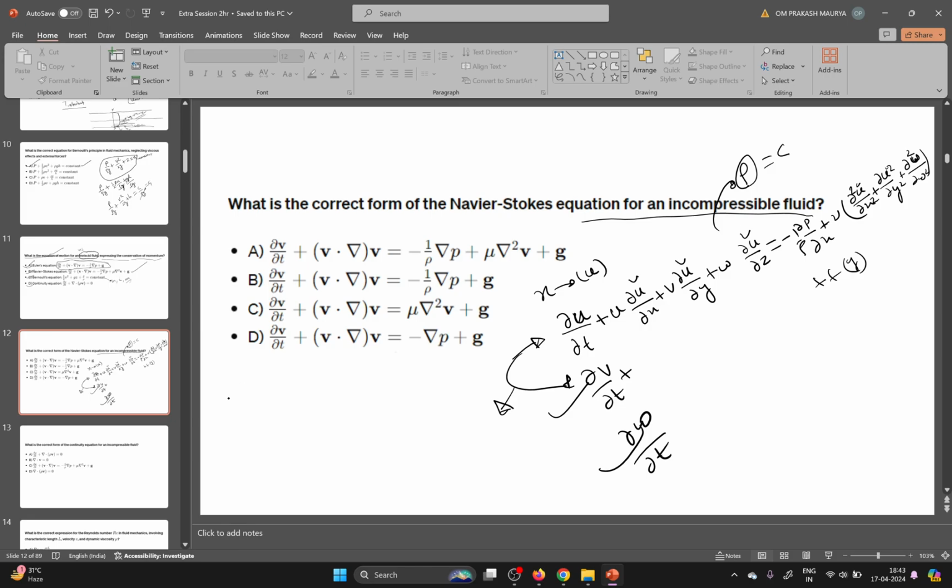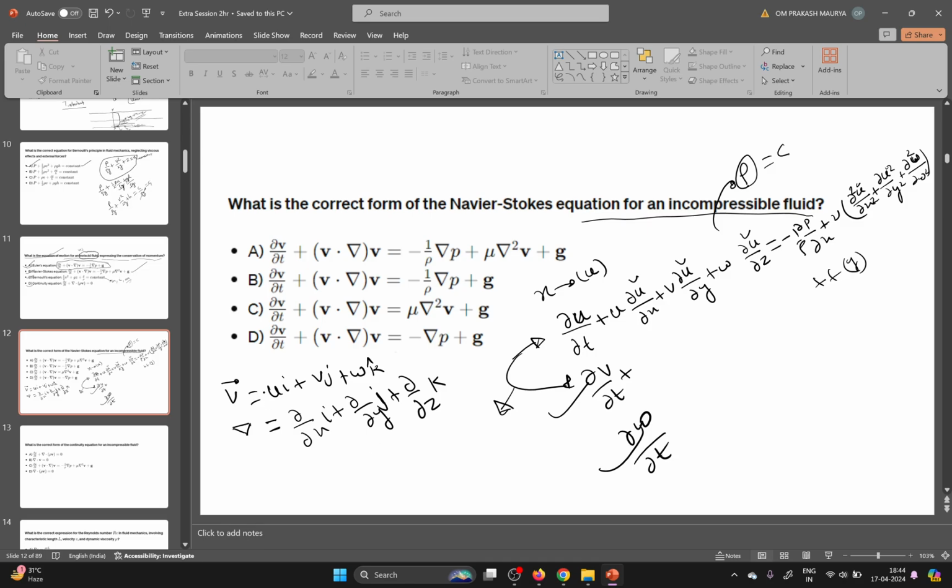The v vector is ui plus vj plus wk. And del is equal to del by del x i plus del by del y j plus del by del z k.